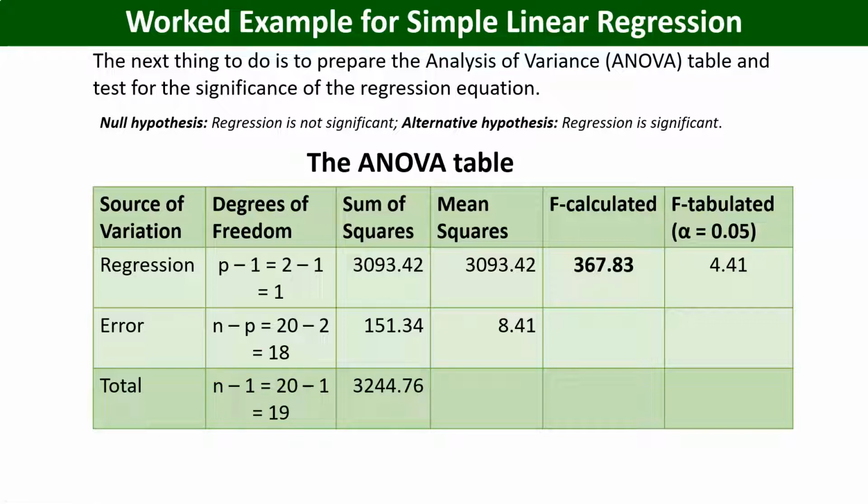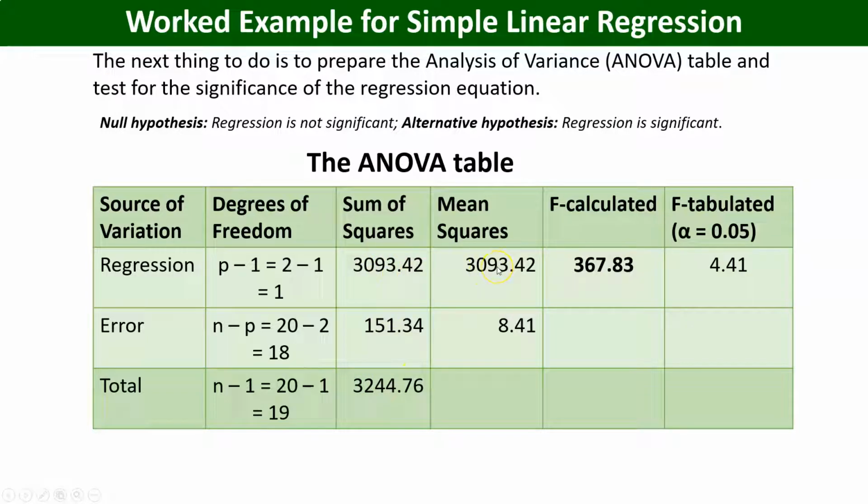N is total number of observations, which is 20, and 20 minus 1 gives us 19. Incidentally, if you subtract 1 from 19, it will give you 18, which shows that we are correct, we are in order. Now, the values you obtained from previous calculations of sum of squares, you insert them here.